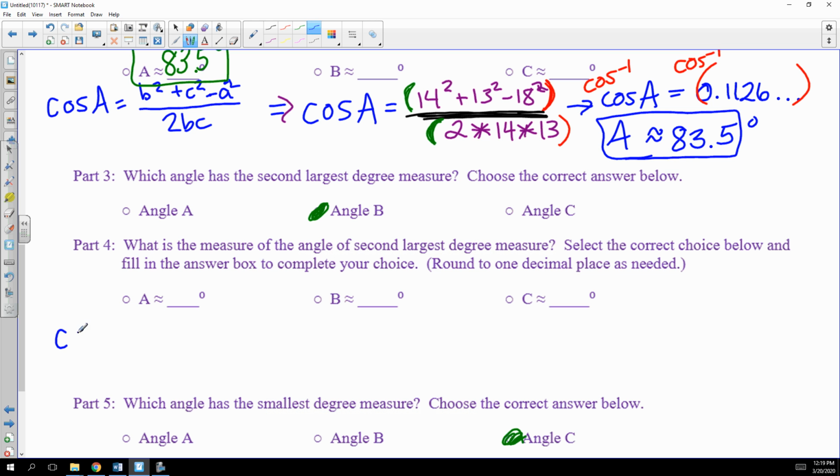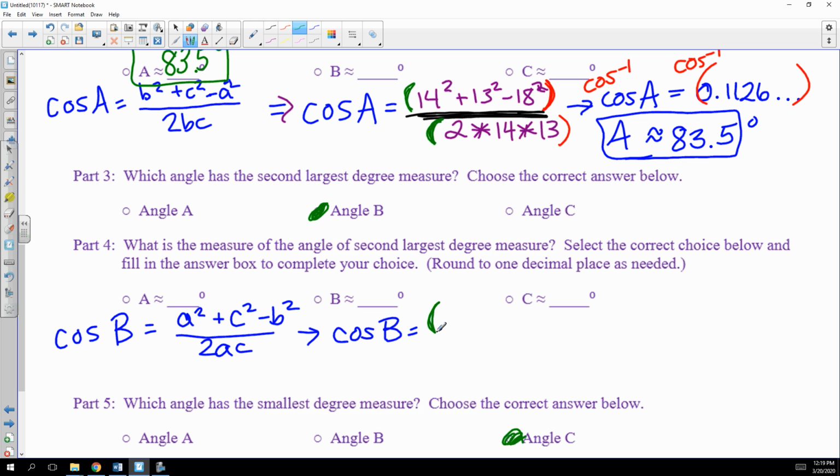So we're going to say cosine of B is equal to A squared plus C squared minus B squared all over 2AC. Then we're going to start to plug in, and don't forget to open parentheses, especially when you're ready to type into your calculator.